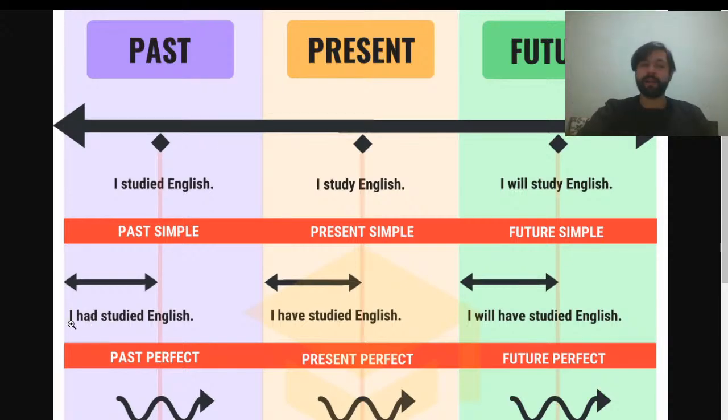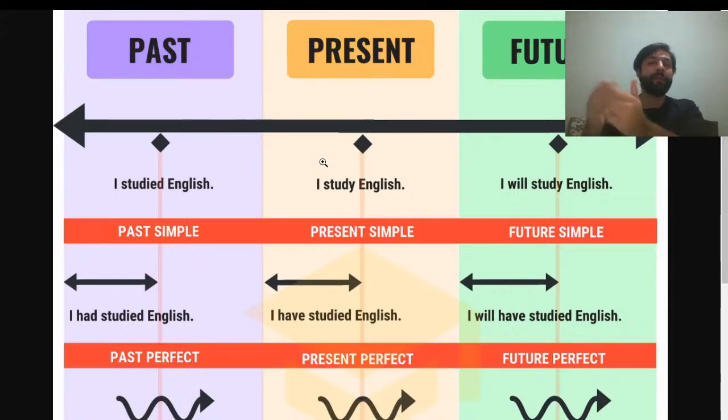If you use not had, but have, now have is the present form. So this is the present perfect. And if you use the future of have, will have, this is the future perfect. Okay? So, the simple we use for actions.